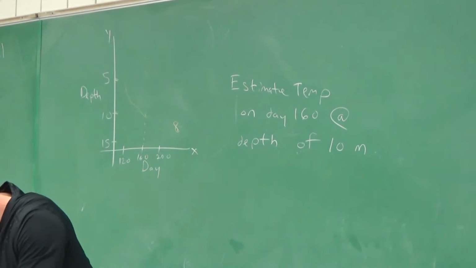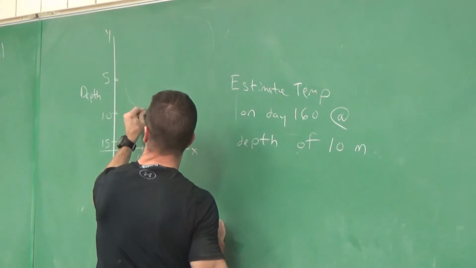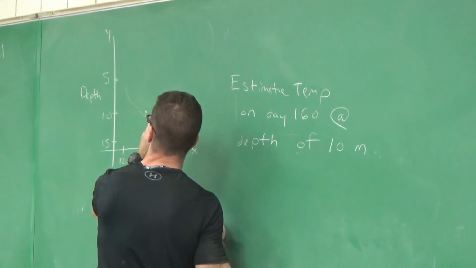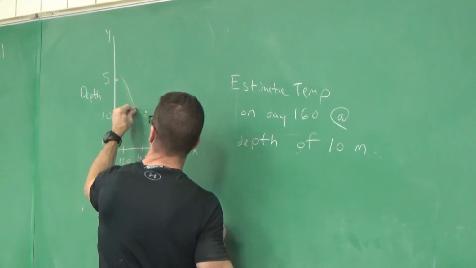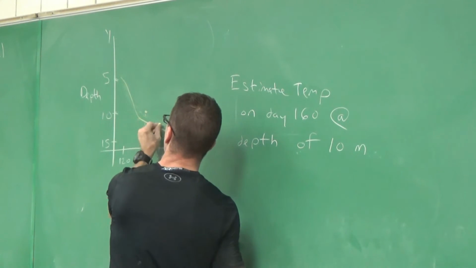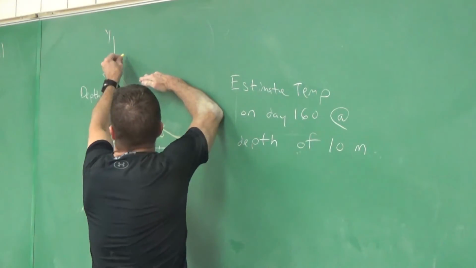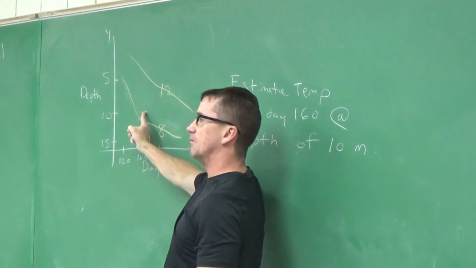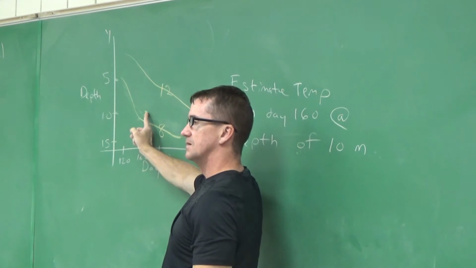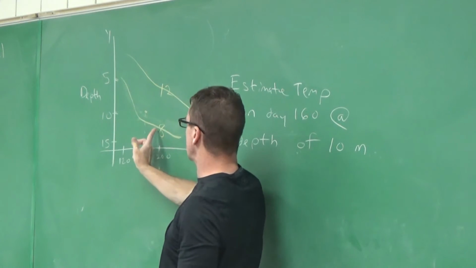What are you estimating as the temperature? At this point, on day 160, at a depth of 10, this level curve, it looks like it went underneath it that had the 8 on it. And over here, there's a level curve of 12. So how can I estimate that? What would you use? Some number between 8 and 12, right?